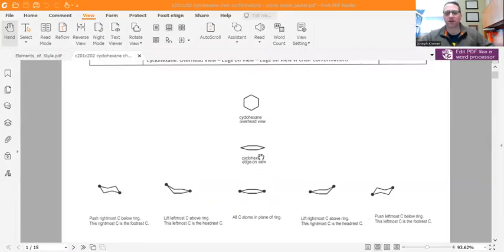We're ready to go here. Here's cyclohexane, C6H12, overhead view, looking down at the ring. And here we have cyclohexane edge-on view. Hopefully you'll keep that paper out.